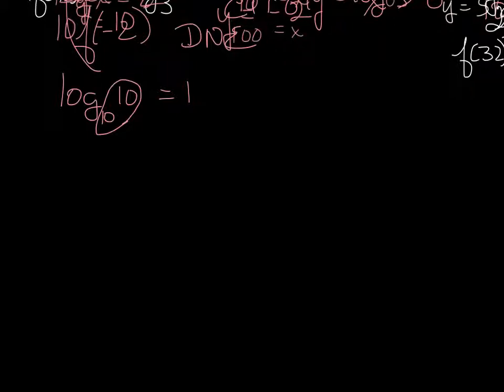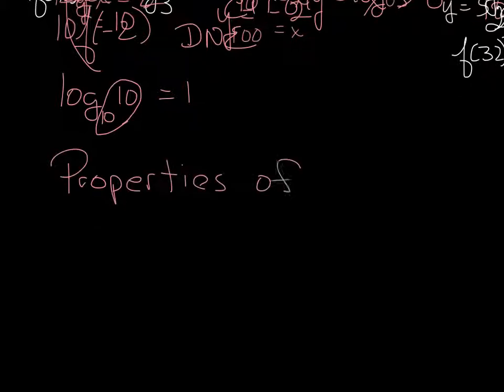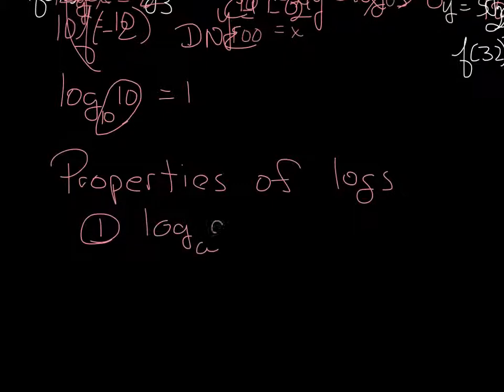Just some basic properties of logs. If we have base a, I'll just start with this one. I don't think your book names it first. But if we have base a and we're taking the log base a of a, if these two match, this is always going to be equal to 1.